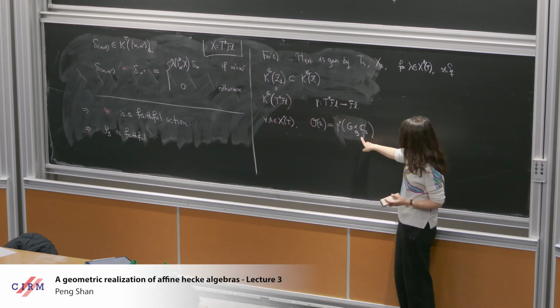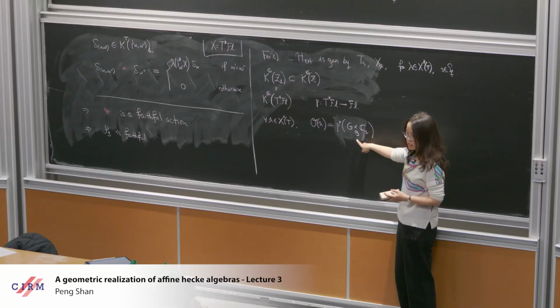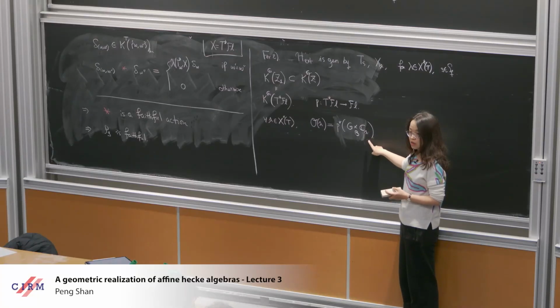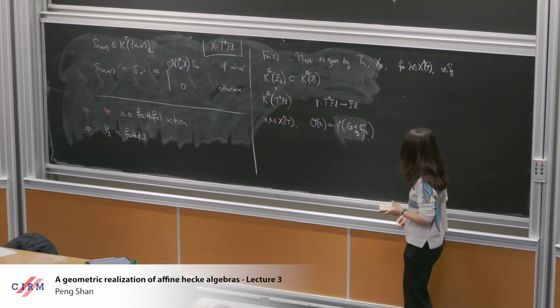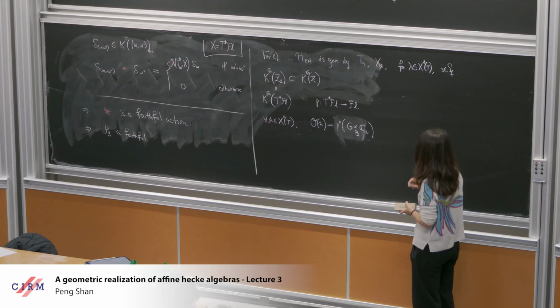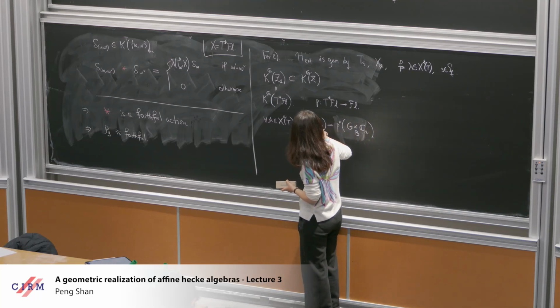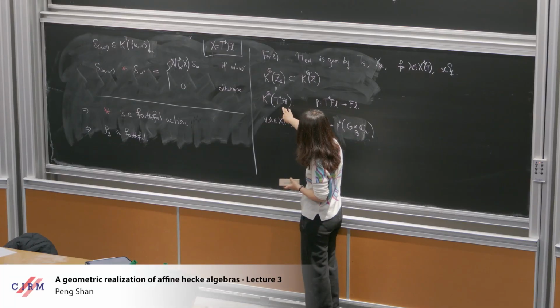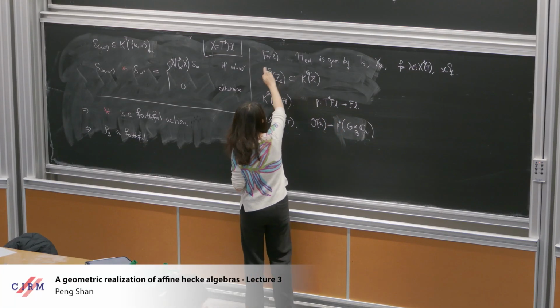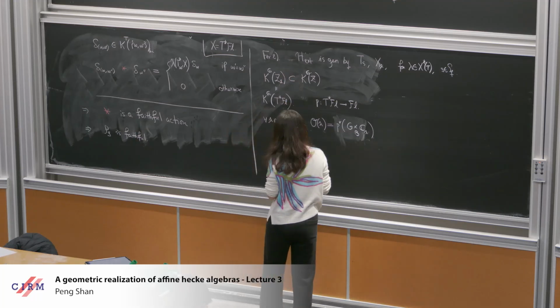Here the unipotent radical of B_x acts trivially and T_x by the character lambda on this vector space. And then you consider its class inside this equivariant K-theory, and you identify it as a class on the diagonal orbit.